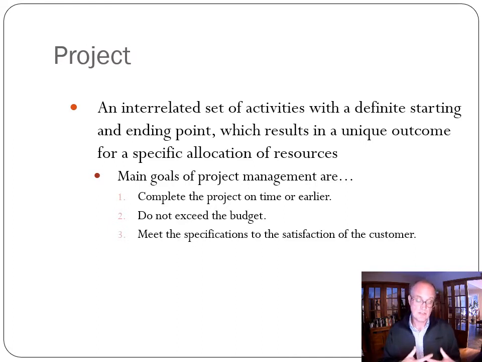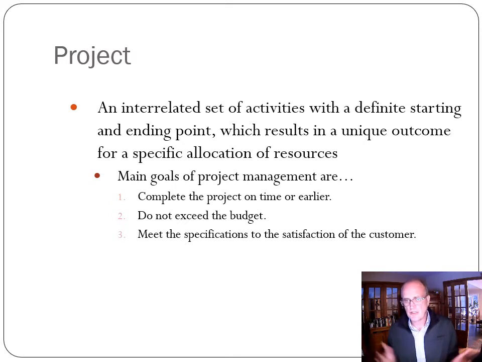We have to consider the linkages between tasks or between activities. For example, you can't frame the house before you've poured the foundation, and so understanding the relationship between those activities becomes important.